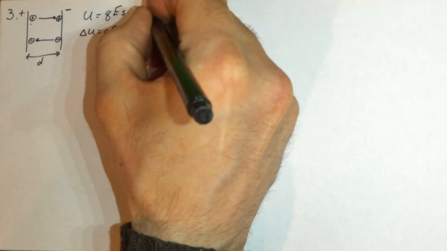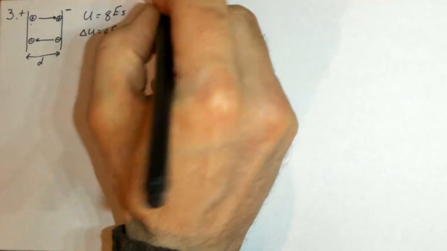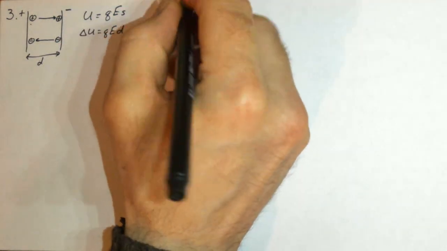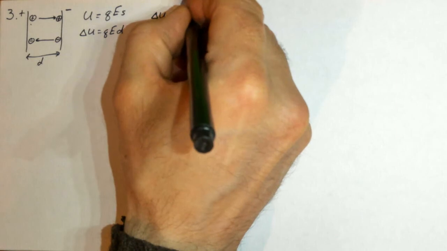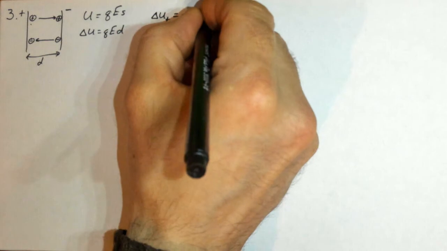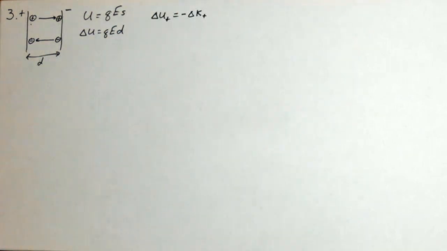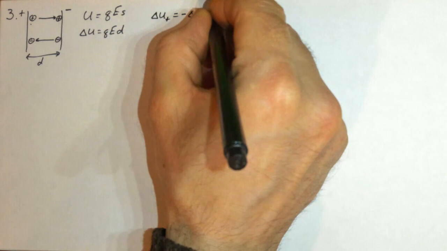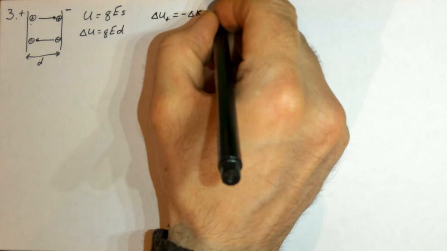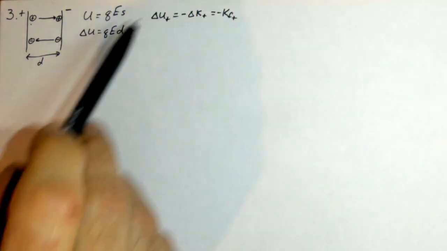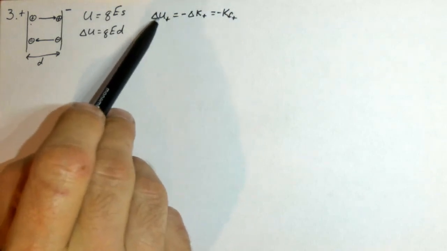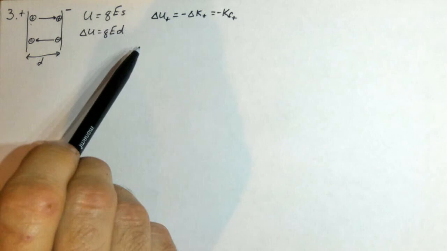I know that my change in potential for my proton is equal in magnitude, but opposite, to the change in kinetic energy of that proton, which is speeding up, which means that's going to be just K final of the proton. And the negative sign just means I'm losing potential and I'm gaining kinetic. So a negative number cancels that negative number, and I really only need to worry about the positives.